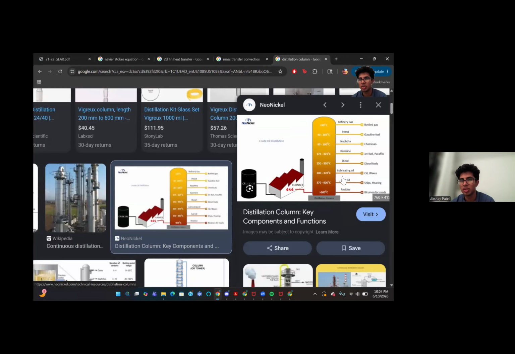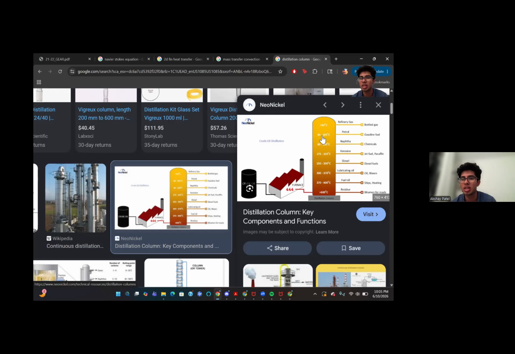For example, oil can go into a distillation column, and the oil is made up of a bunch of different hydrocarbons. The heavier hydrocarbons would fall to the bottom, whereas the lighter ones will go to the top. That's because the lighter ones want to vaporize more quickly or have a lower boiling point.